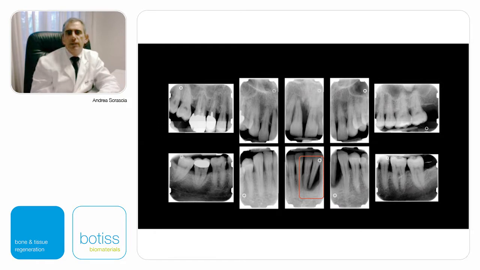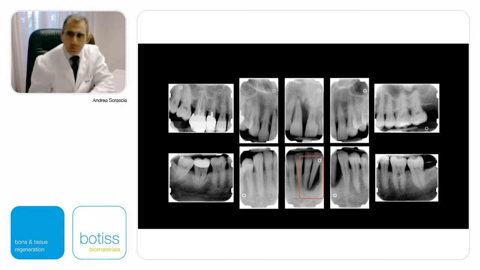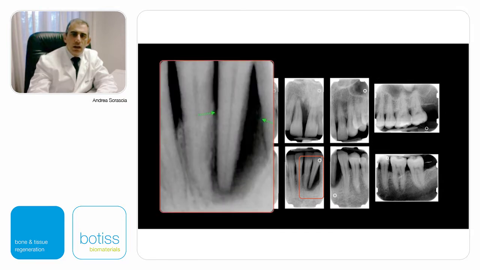Next clinical case: a 40-year-old woman, aggressive localized periodontitis, loss of 3.2. What we can see in the X-ray is the presence of very, very thin alveolar bone process on contiguous elements.